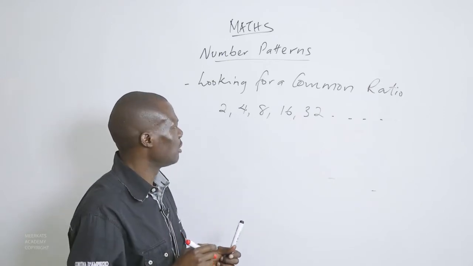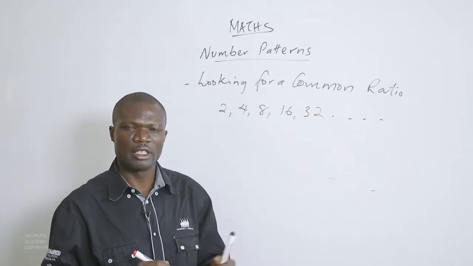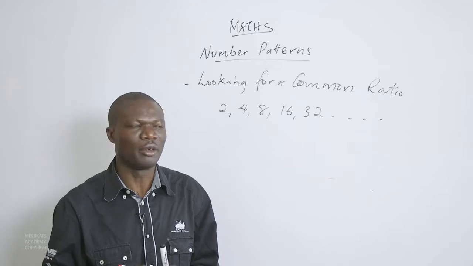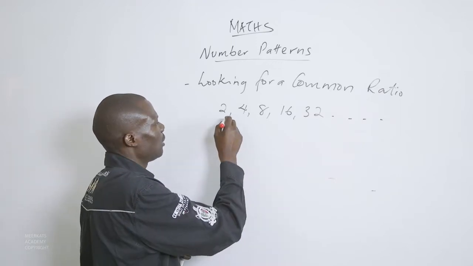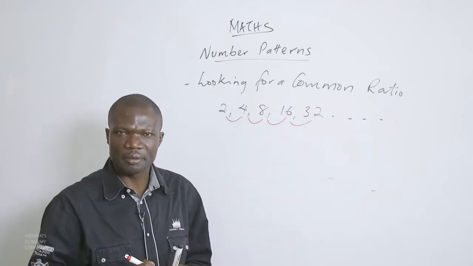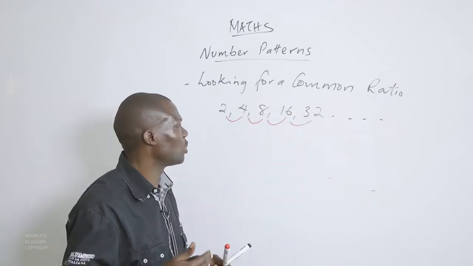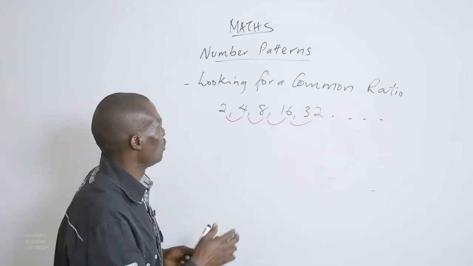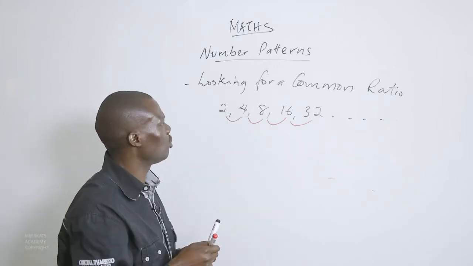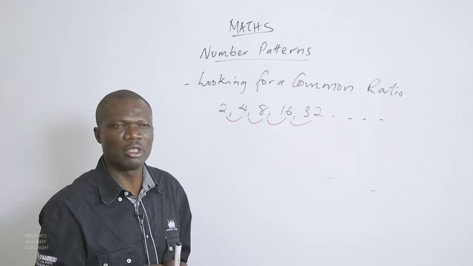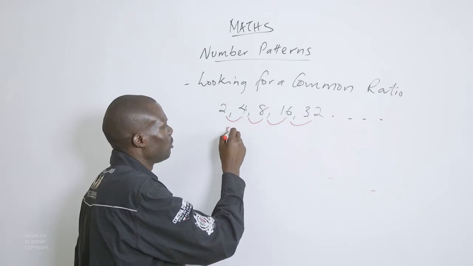What would be the next term? Before we go to the next term, we want to study the relationship between the terms. How was the next term being arrived at? You realize that to arrive at 4, you should have noticed that the first term has been multiplied by 2.